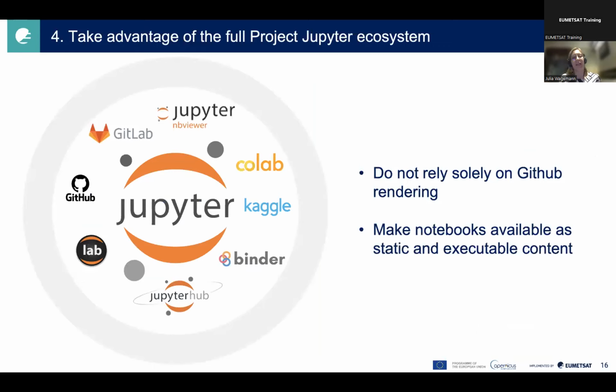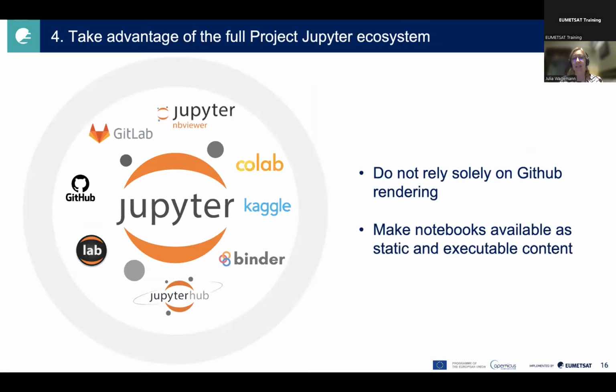The fourth guiding principle is to not only rely on Jupyter notebooks, but really take advantage of the full project Jupyter ecosystem, specifically in an educational context, because there are great tools that allow you to make the content available in different ways.